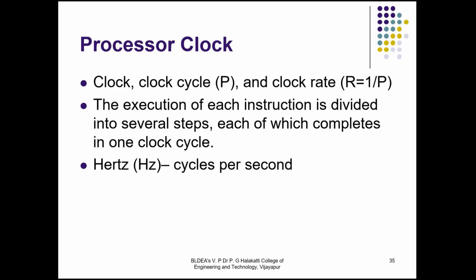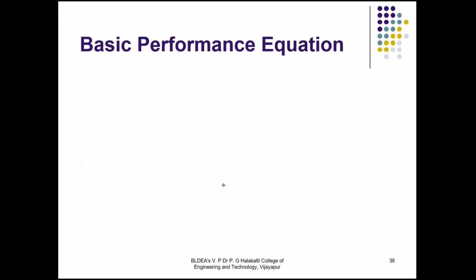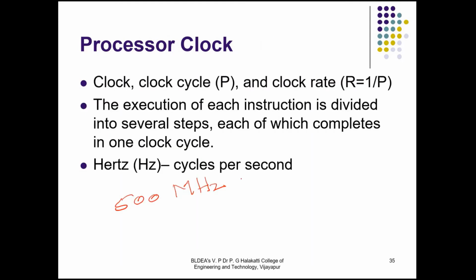Now the corresponding clock period for 500 million cycles per second, which is equal to 500 megahertz, will be equal to 1 by 500 mega, which is equal to 2 nanoseconds.